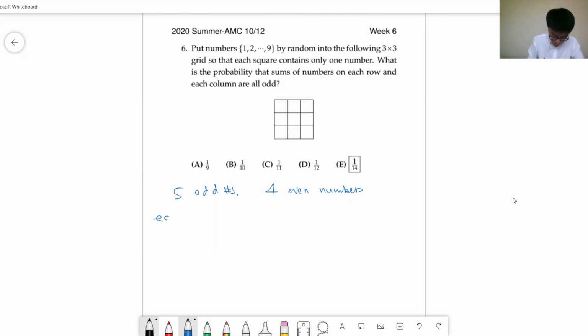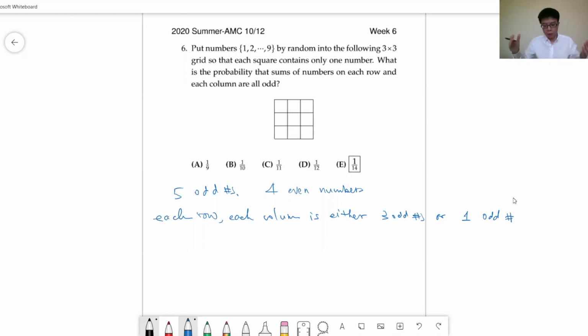So we have the following: each row or each column is either 3 odd numbers or exactly 1 odd number. Just 2 cases, right?